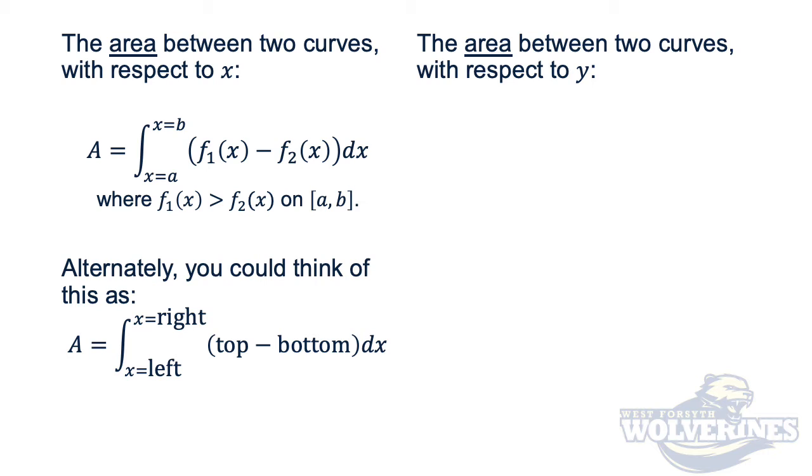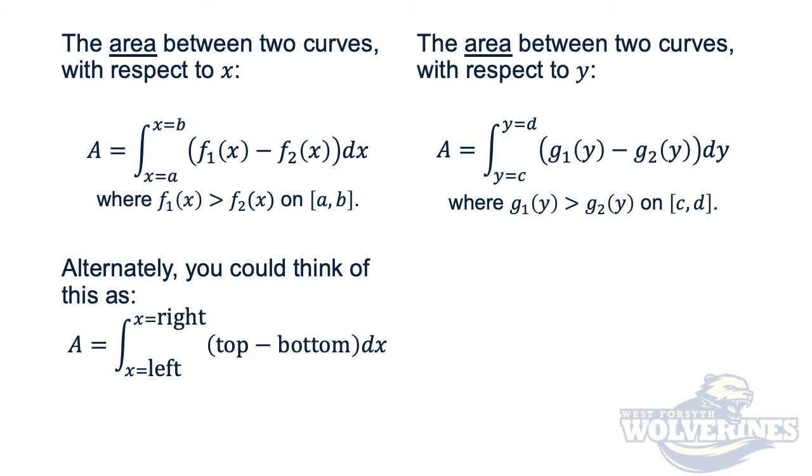So the greater function will be on top. If you have a picture of the graph, it's really easy to determine which one is greater, which one's lesser. And then your x boundaries will correspond to the x value on the left and the x value on the right. That might be the intersection of the two curves, or it might be specified for you on one or both sides.